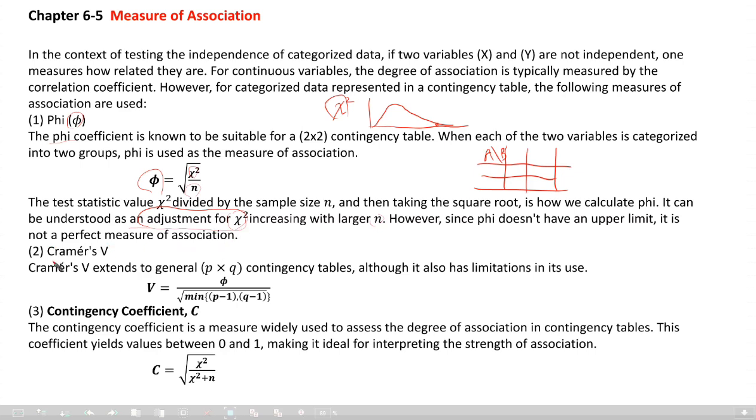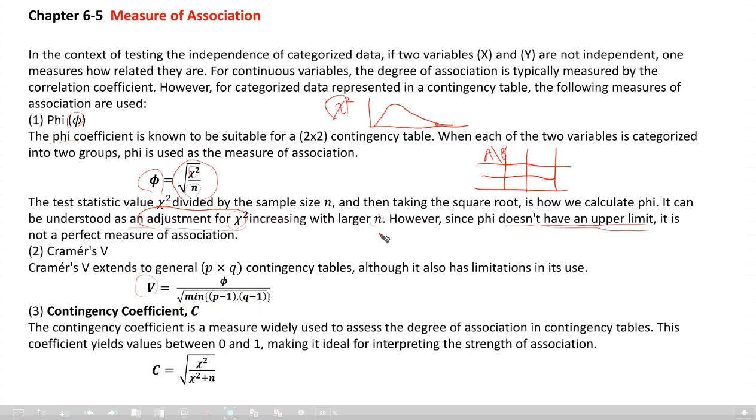You understand that? Cramer's V extends to the general P by Q contingency tables, although it also has limitations in its use. The same limitation: there is no upper limit. V is obtained from phi divided by the square root of the minimum of P minus 1 and Q minus 1.